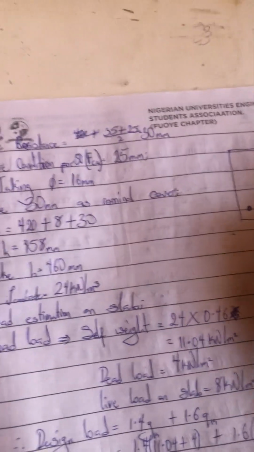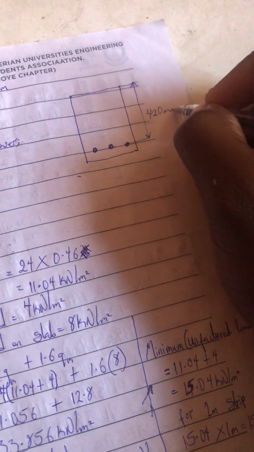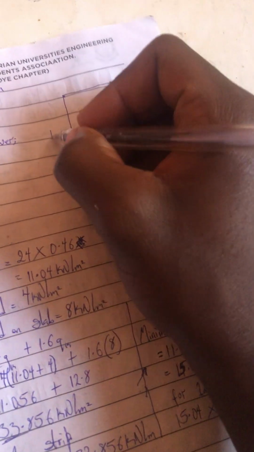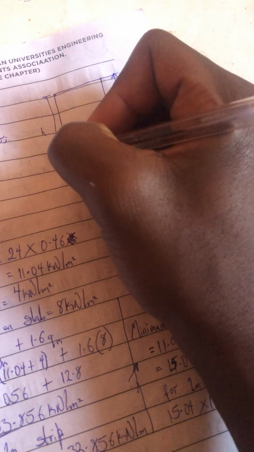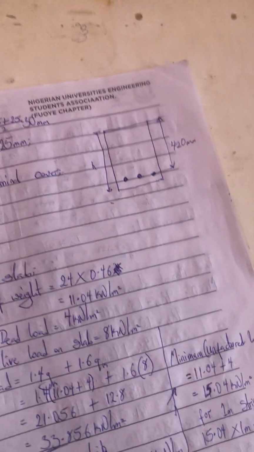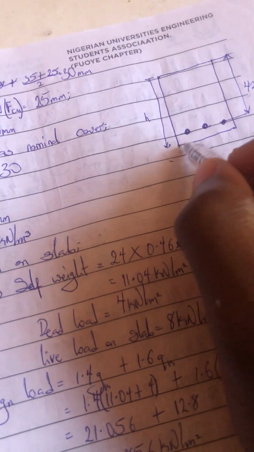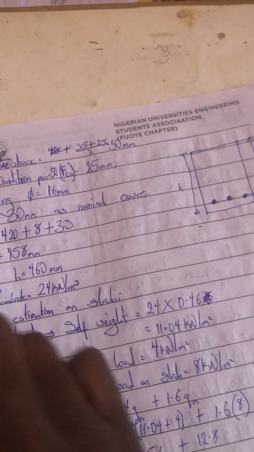So that is where our 420 mm lies, and this H is the total depth, which we are going to calculate now by getting the concrete cover from this point down. So that's where we are trying to solve for H.